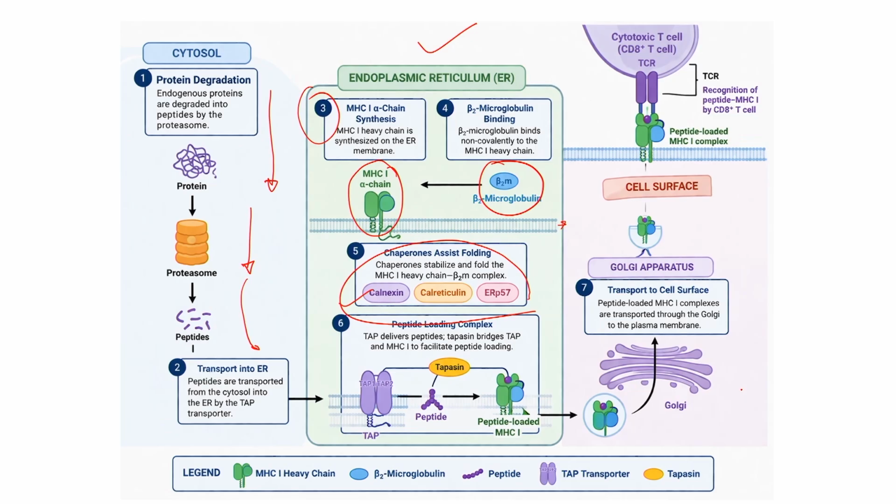Tapasin is a little below this step, and therefore we will just see these three chaperones, ERP57 and calreticulin, and one additional name, calnexin. These two are associated proteins in the ER. Calnexin and calreticulin are proteins which can be modulated based on calcium in the ER, and the ER is a site of calcium channeling.